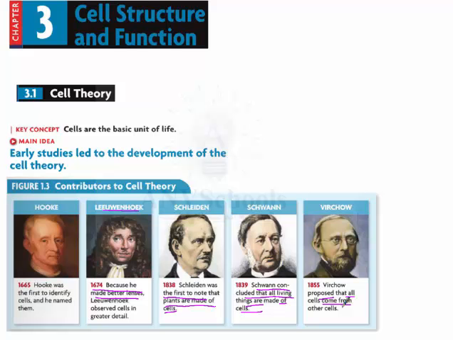These are the people who contributed a great deal to the cell theory. The cells that we know today are, of course, a result of the efforts of many years' discoveries, and we should, of course, thank these people for their effort.